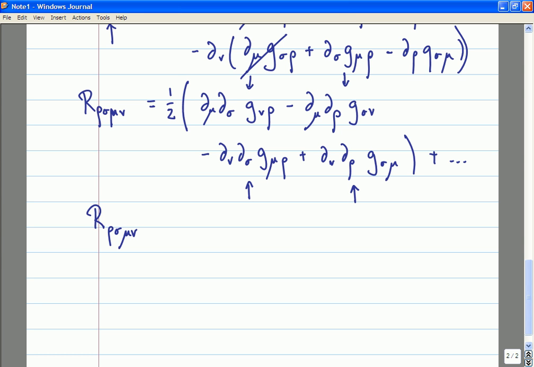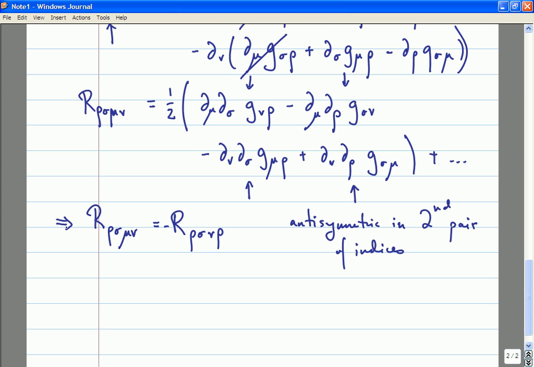So you can see explicitly in this expression that, as expected, the Riemann tensor is going to be antisymmetric in the second pair of indices. Oh, I'm sorry. Thank you. Yes. So if you switch the last two indices, then the Riemann tensor will pick up a minus sign.